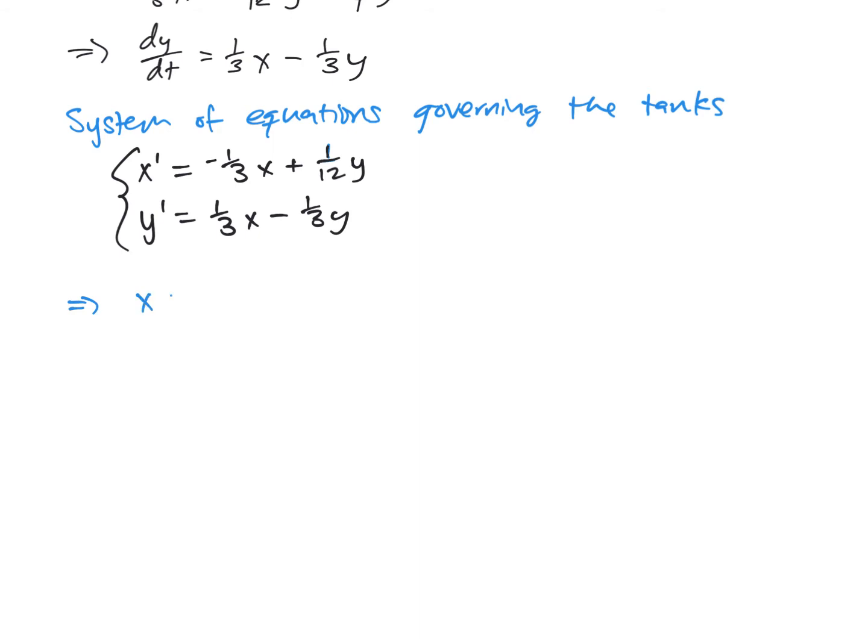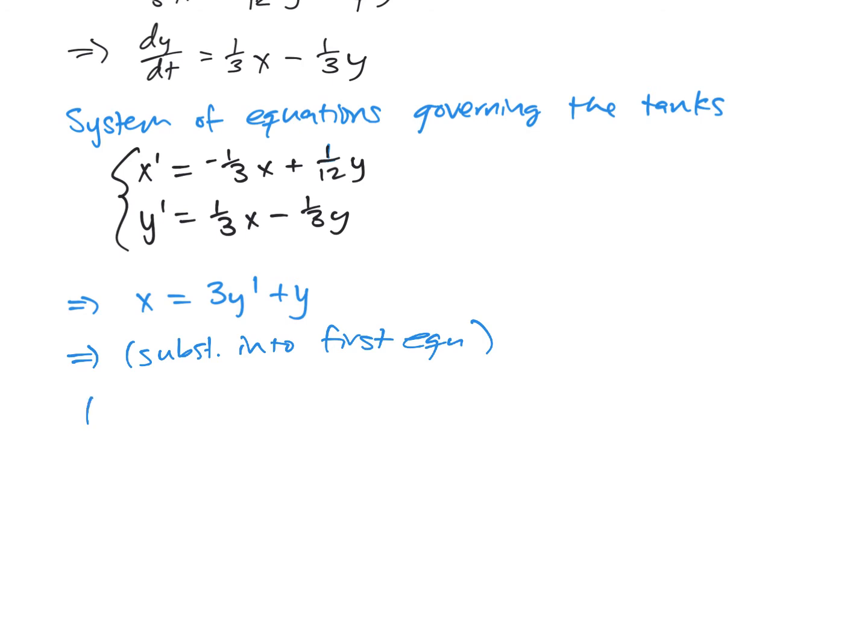So we get that x equals 3y prime plus y. And then we can substitute that into the first equation, and that will get rid of the x's.